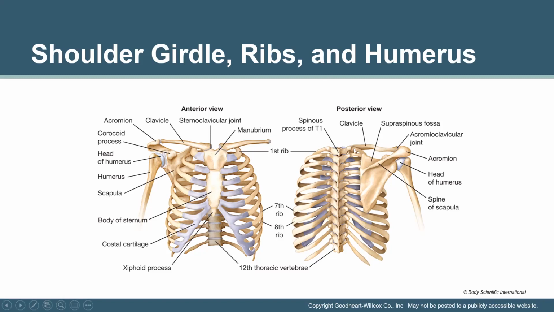If you look at the shoulder girdle from the posterior view, you can see how it lines up with your spine. We get to see the clavicle from the posterior view. The scapula, we saw this on a previous picture, but now we get to see the spine of the scapula.